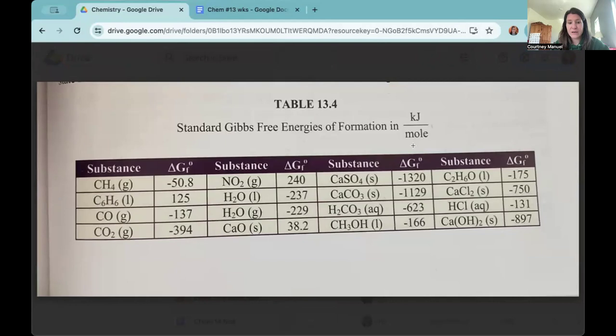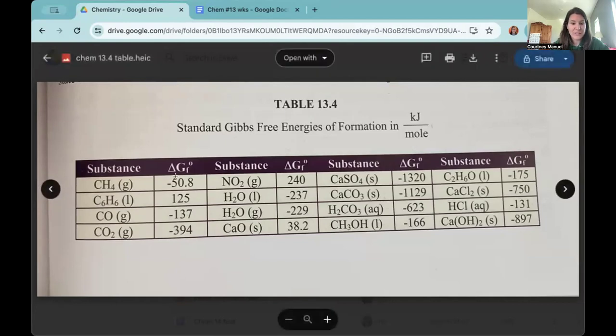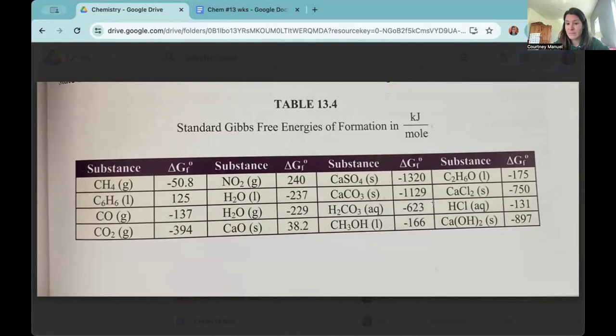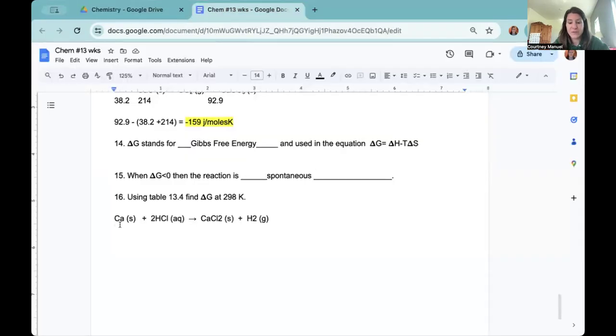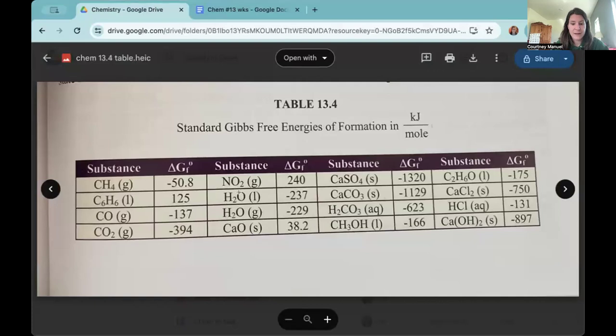Now, calcium has no set bonds. It is an all by itself solid, free-floating thing. As you see, there is no calcium here in our chart, but it is a free element, so it is a 0.